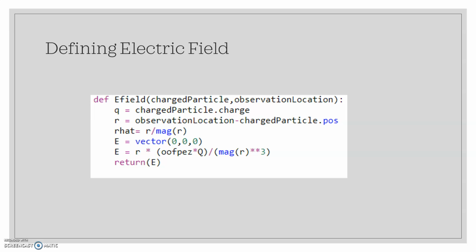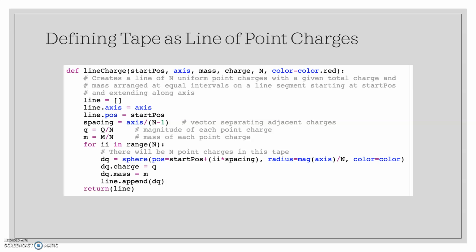Super simple. You could pretty much just copy that back over. But yeah, pretty standard. Next, here we are defining the tape as a line of point charges. This is where the lab really begins to differ from Lab 1. Here we define it as a line of point charges instead of just a single point charge.